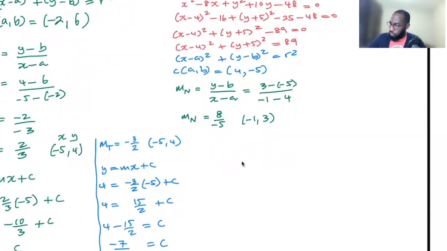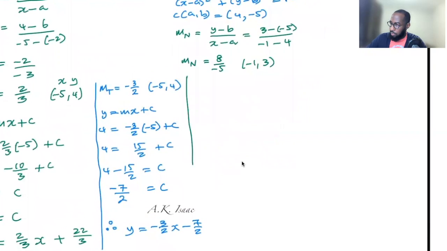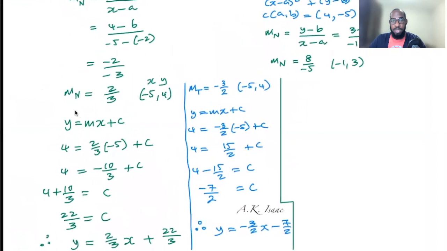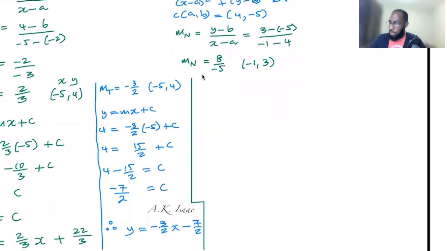So if I have to draw a line, let me get a little room here. Nice. Let me deal with it now to find the equation of the normal, right? Remember, I found the normal first here, so that's what I'm going to do across here as well. The equation of the normal.